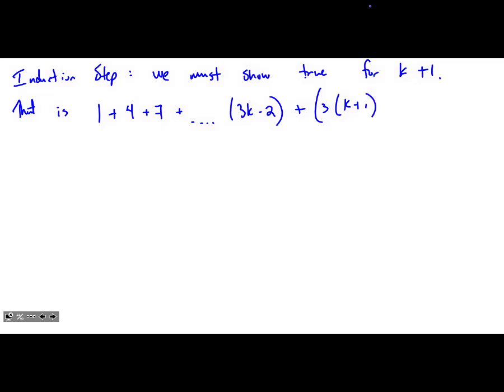This is k plus 1 minus 2. Well, let's run through this and let's begin to see what occurs.